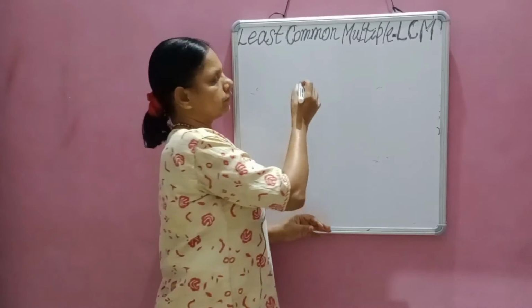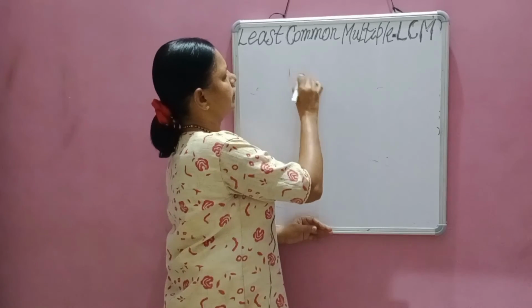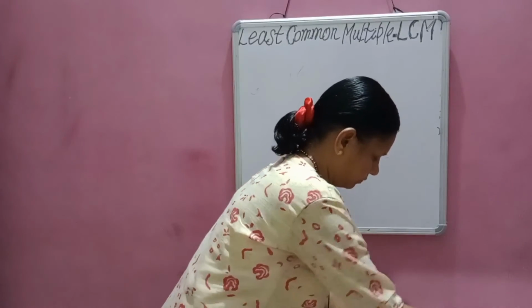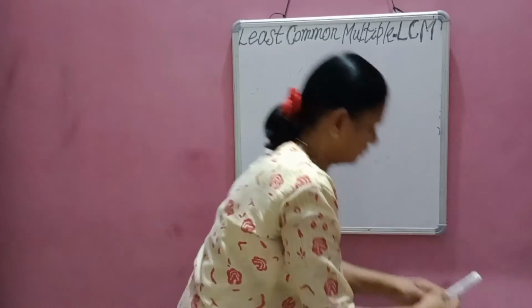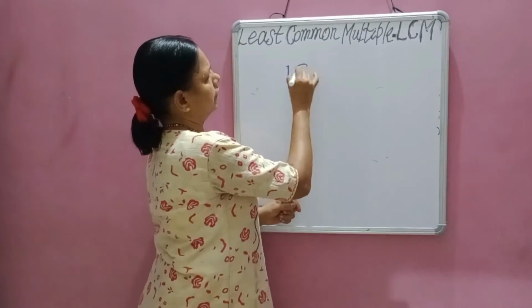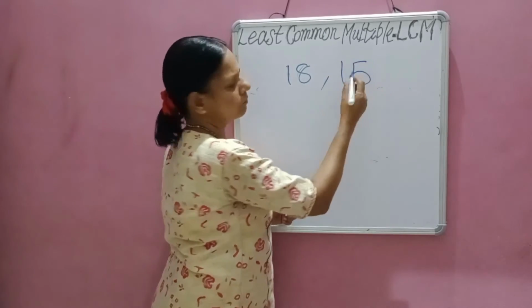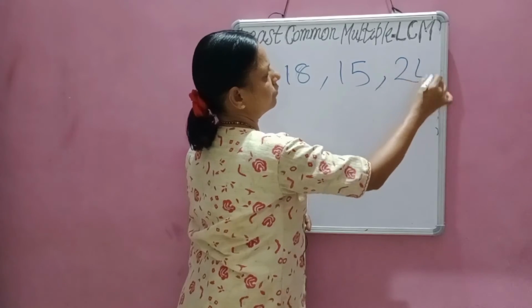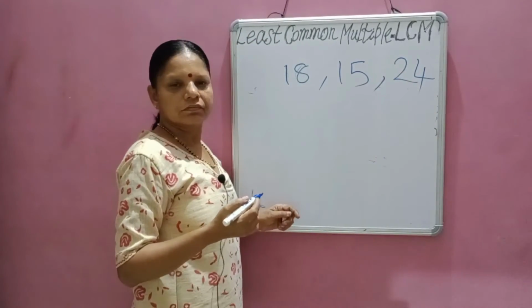We will take the numbers 18, 15 and 24. How to find LCM?